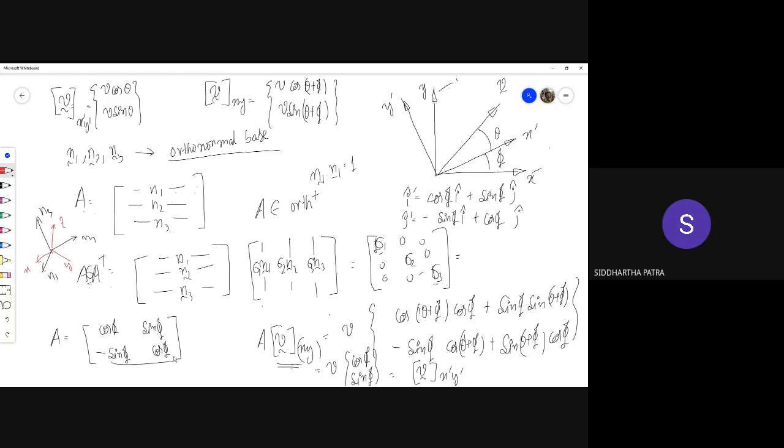So you actually get the representation of the stress tensor. That's what it means. This diagonalization has some meaning, and that meaning is you get to represent your stress tensor in the principal base. Is it clear up to this part? Yes, sir. Okay.